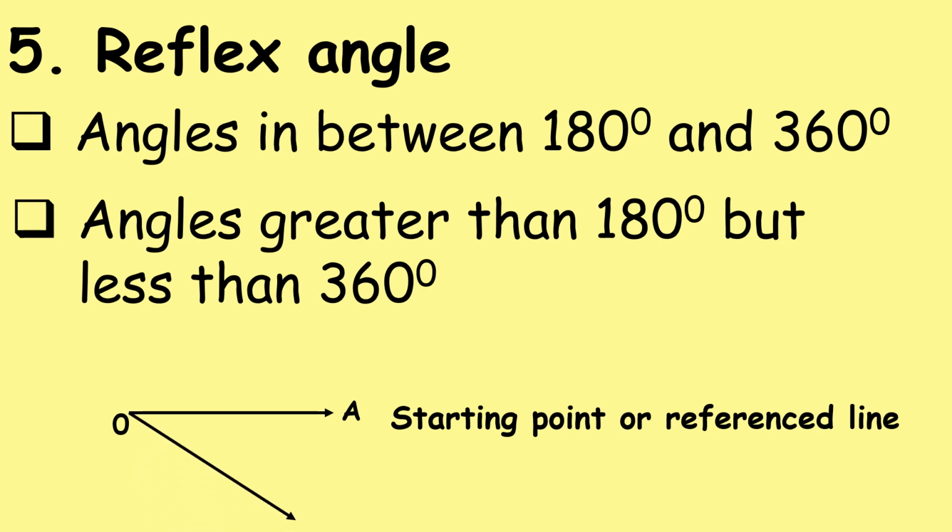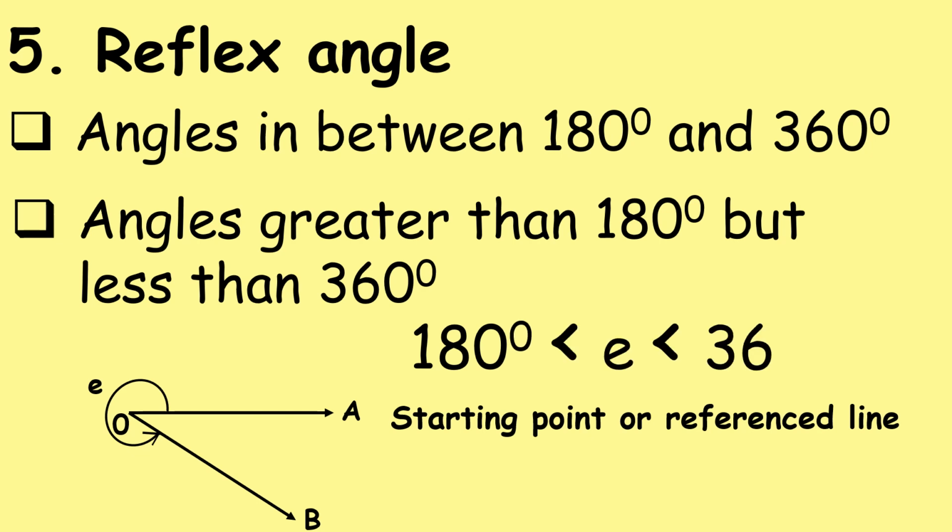And then we go all the way from OA in an anti-clockwise direction, all the way to this line OB. And that angle going from OA in the anti-clockwise direction to OB is our angle E. So E is a reflex angle because it is greater than 180 degrees but less than 360 degrees.